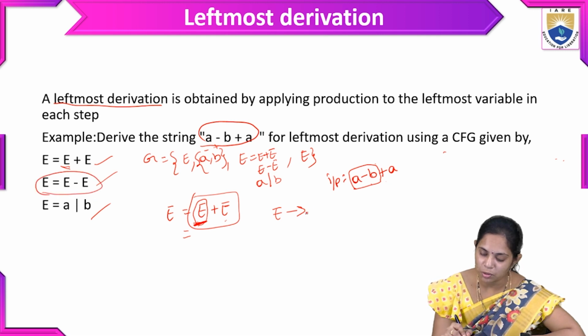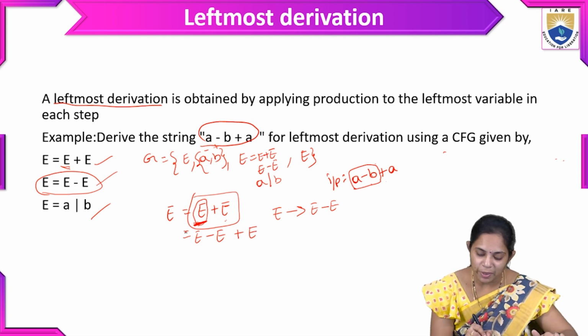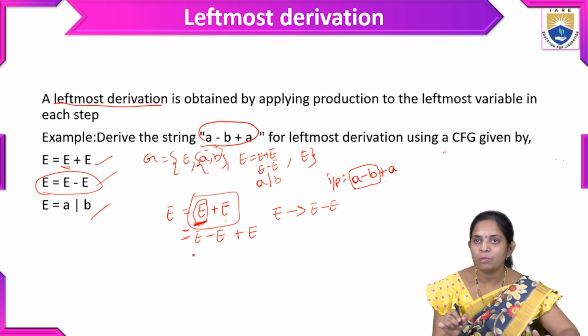We have to substitute, so E tends to E minus E. The next step is to substitute this E tends to E minus E, and next E. Again we write this plus E.